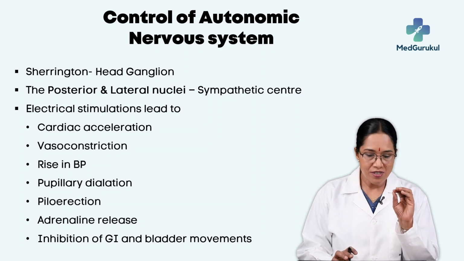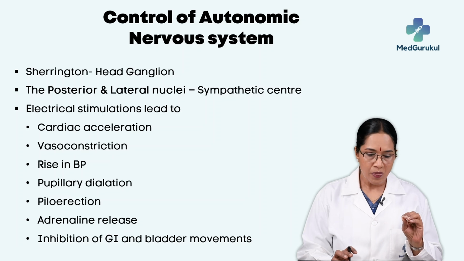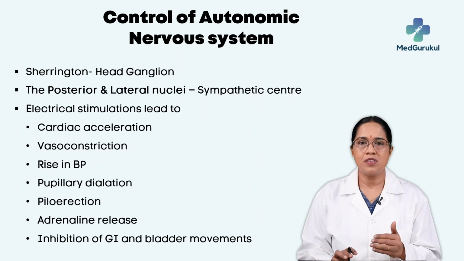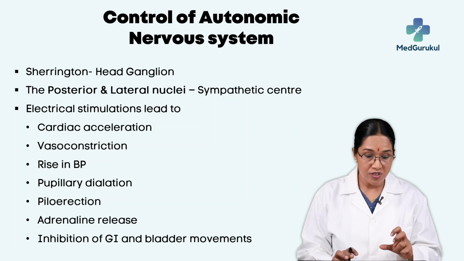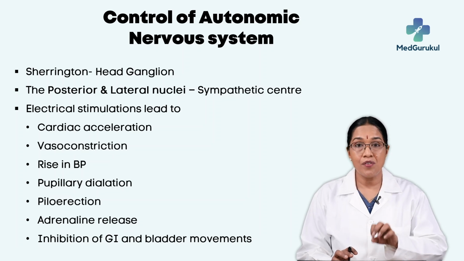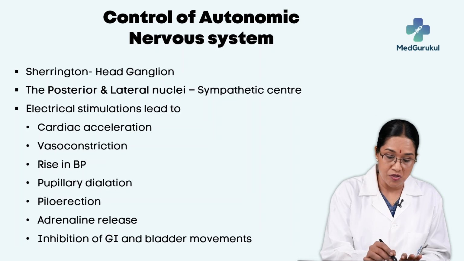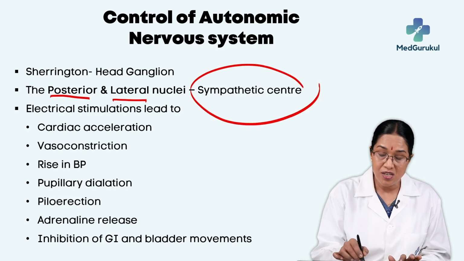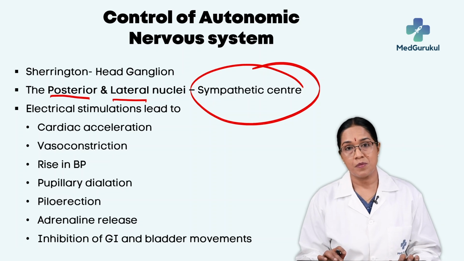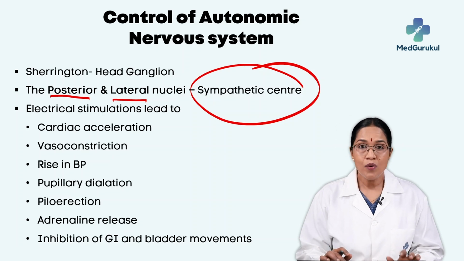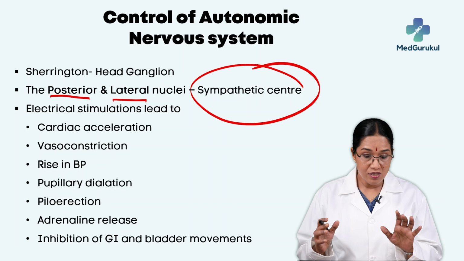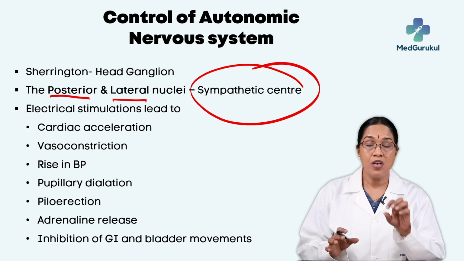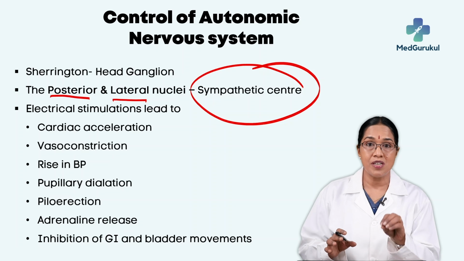After all these experiments, it has been concluded that the posterior nuclei and the lateral nuclei of the hypothalamus are the sympathetic center. So, how did they conclude that the posterior nuclei and the lateral nuclei of the hypothalamus should be the center of the sympathetic nervous system?